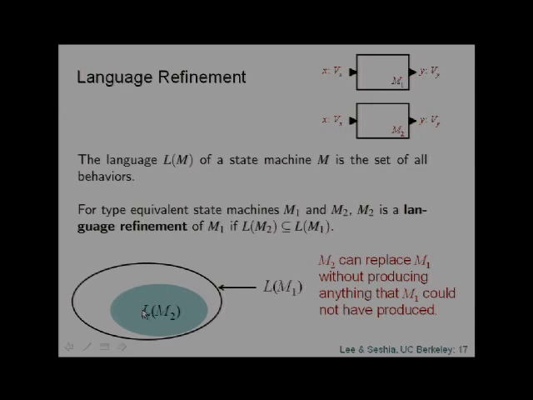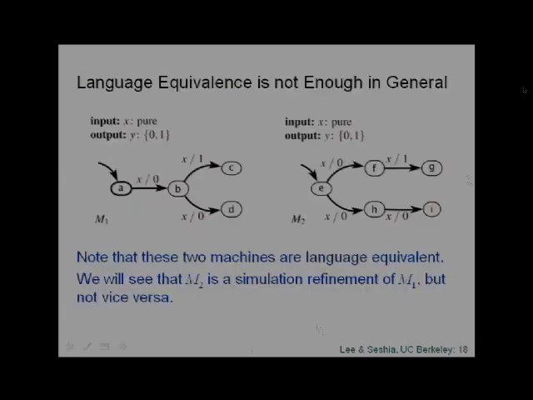So here's a state machine with a single input x, which is a pure signal, and output y, which takes two integer values, either 0 or 1. And so what machine M1 does is it starts off in the state A, and if x is present, it outputs 0, goes to B, and then B is a state from which you see non-deterministic behavior, right?